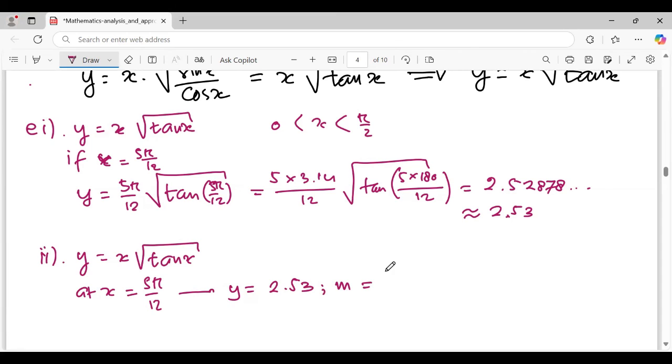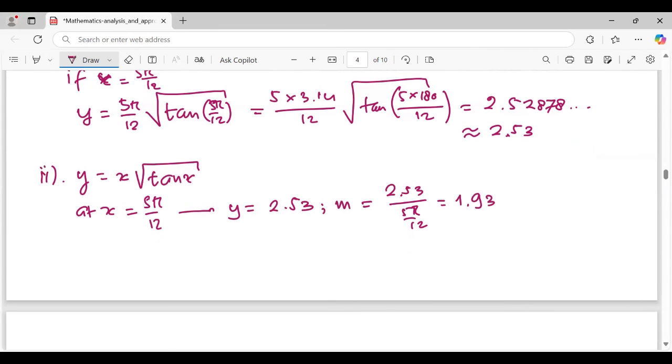The gradient is 2.53 over 5 pi over 12, and the result, which I have calculated, is 1.93. And at x equals 4 pi over 12.